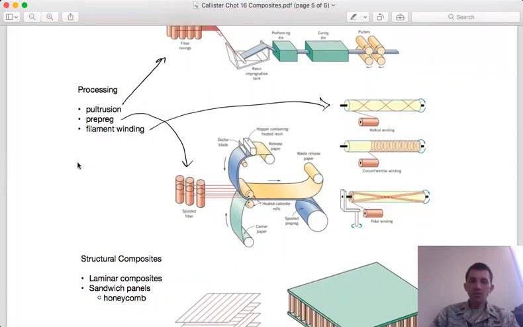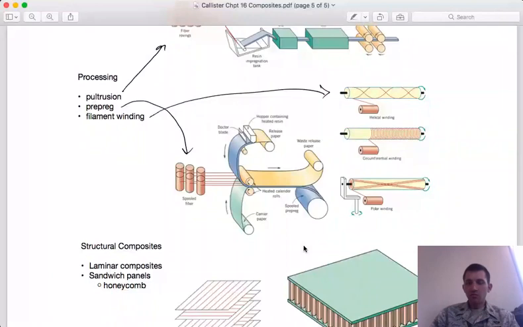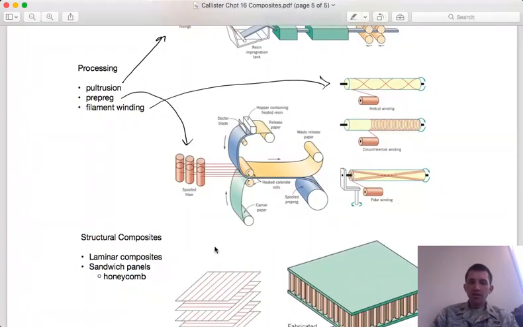More commonly, you don't know what the form of your final part will be, or it's not something with a consistent cross section, and so you would instead spool your fibers into a sheet and combine it with the polymer matrix material ahead of time. This material is called prepreg, a partially cured polymer matrix with the fibers included, and this is handy for laying up parts individually or in small batches.